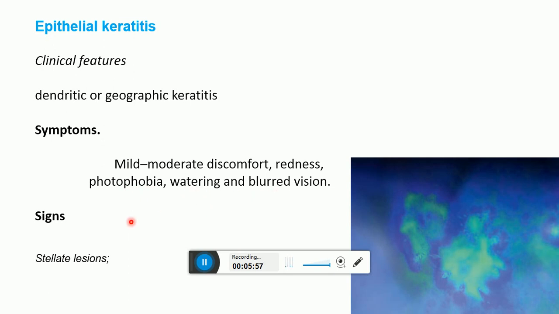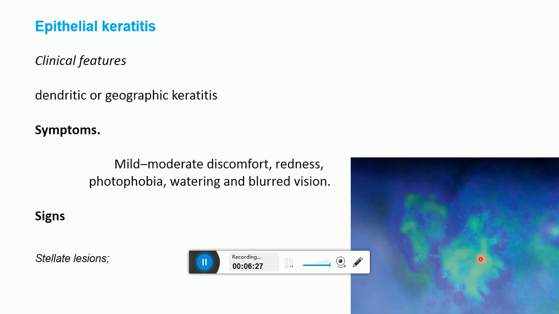Signs in chronological order are: there will be reduced visual acuity, and swollen, opaque epithelial cells arranged in a coarse, punctate or stellate pattern. Stellate means the spicules radiate out from the central mass. So this is a stellate pattern.